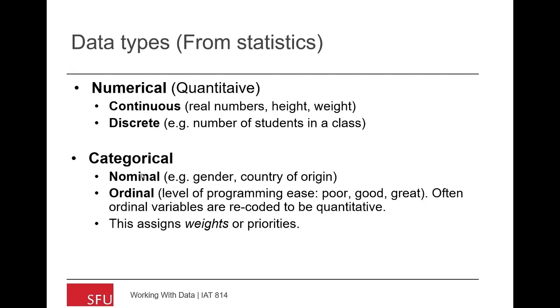And in the categorical category, so to speak, we have nominal, where we can just test for equality or inequality, and ordinal, where we can put values in order. We could say that one value is greater than another. So here we go. Level of programming ease: poor is less than good, and good is less than great.